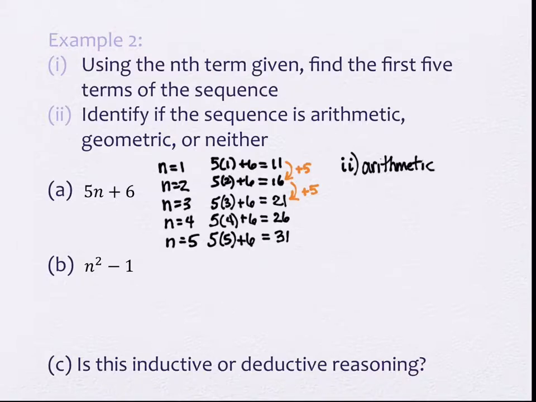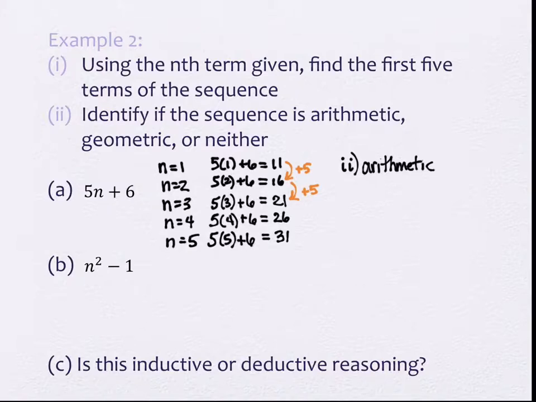It's an arithmetic sequence. Can you look back at the nth term equation and tell me why it should make sense that it's arithmetic? There's an addition sign, and there's something else too. It's multiplication by the number 5.